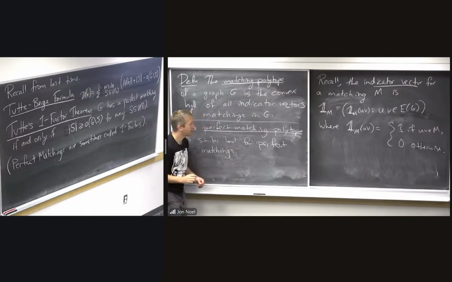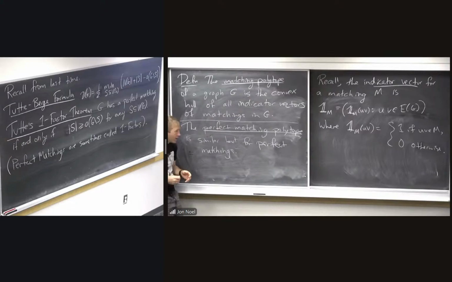So you take convex combinations of indicator vectors of perfect matchings. Of course, your graph may not have any perfect matchings, in which case your perfect matching polytope would just be the empty set.